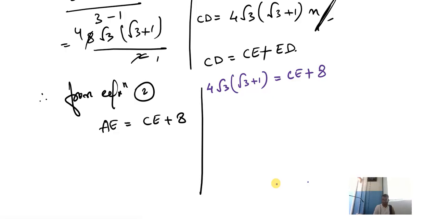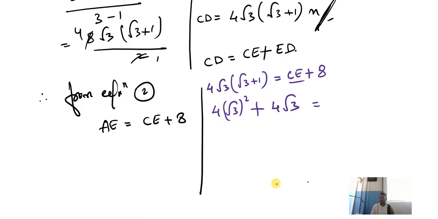Shall we multiply? Okay, keep CE as it is. If not, you multiply 4 root 3 into root 3, which is 4 root 3 whole square, plus 4 root 3 into 1.